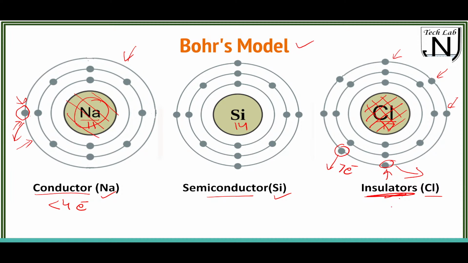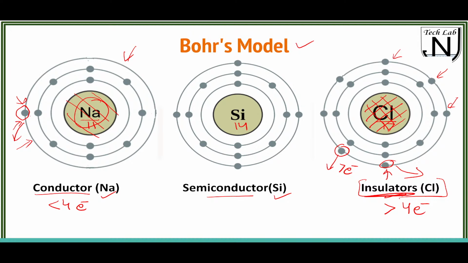If we talk about the insulator, any element having more than 4 electrons in the outermost shell, means 5, 6, or 7, is an insulator, and it is quite difficult to detach those electrons away from the atom, away from the nucleus.